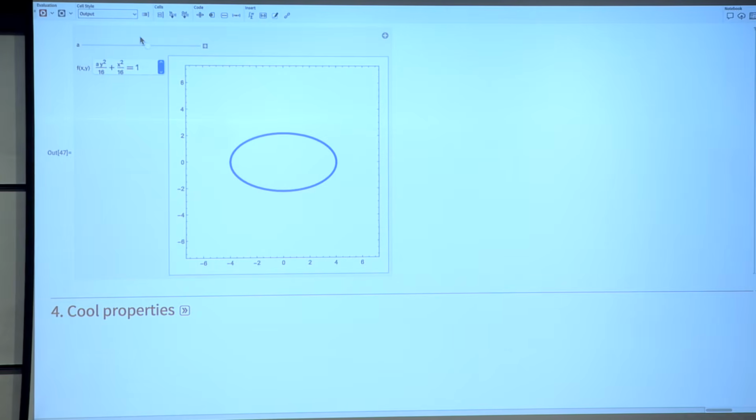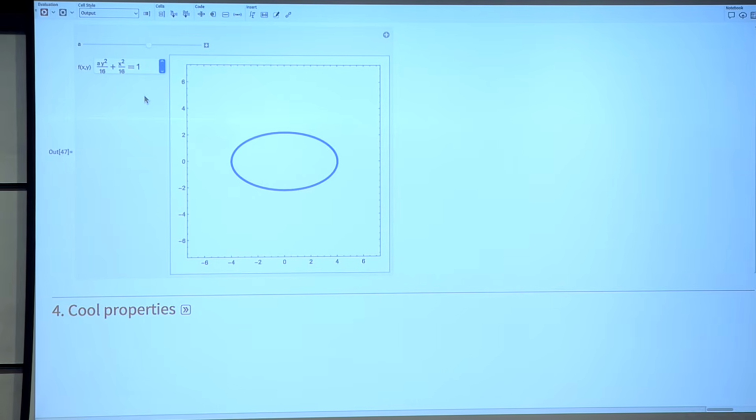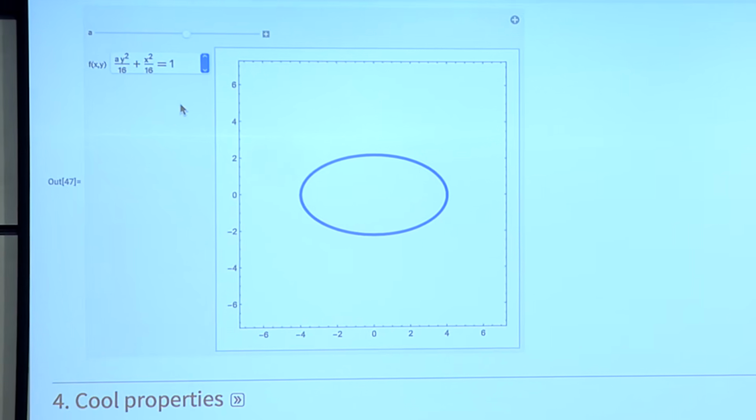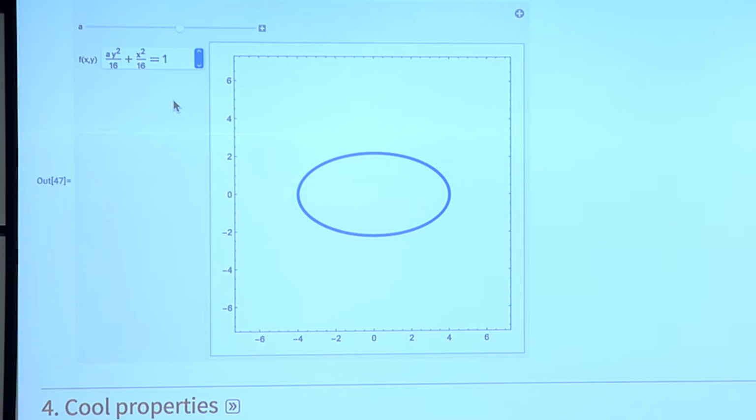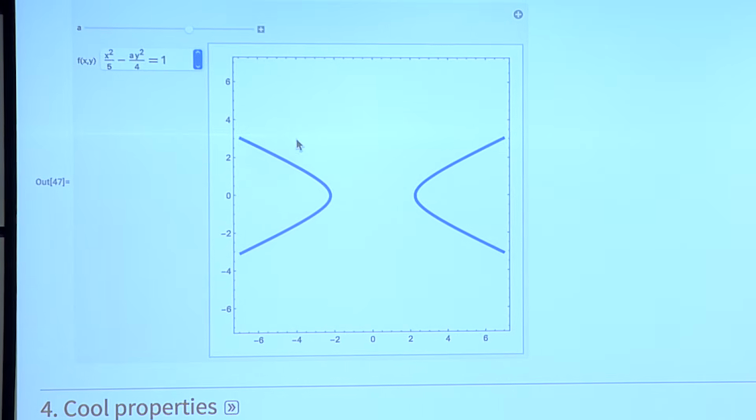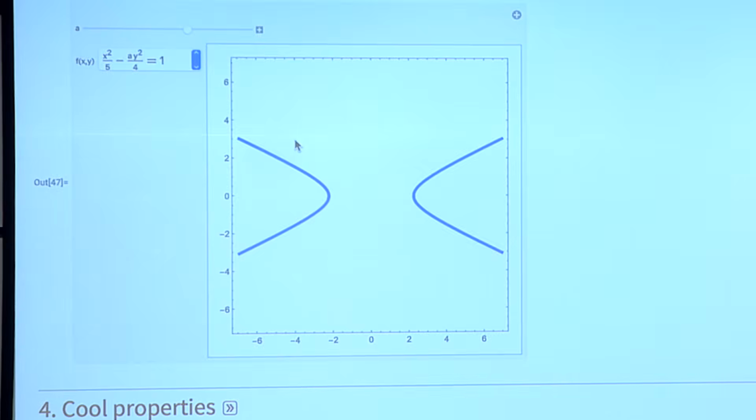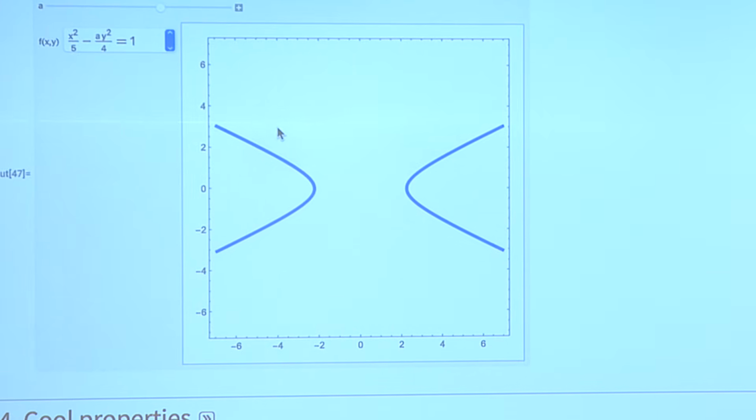So here I have different ones. For instance, I have this one, which is essentially x squared plus y squared times a constant equals 1. And when I change that constant, I can change it. Okay, I have this one, which gives me hyperbolas. And you see these are all special cases of that.